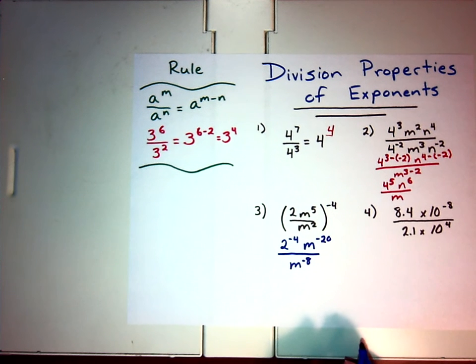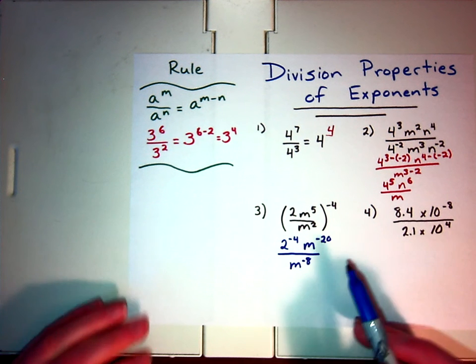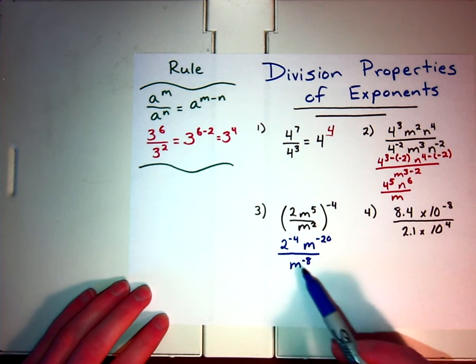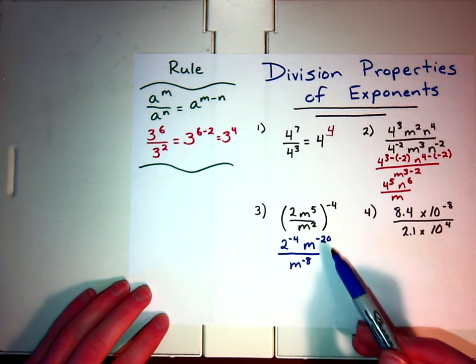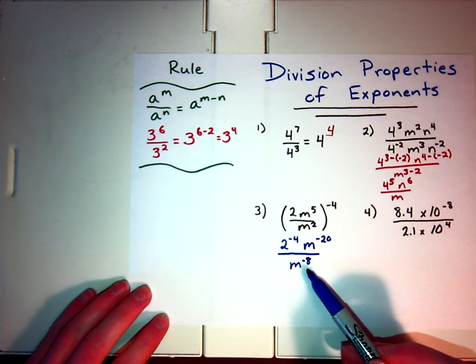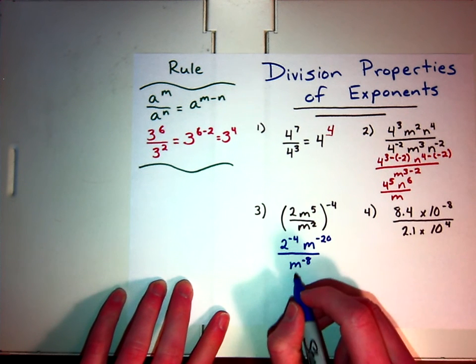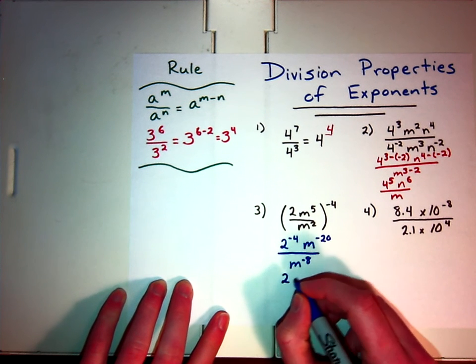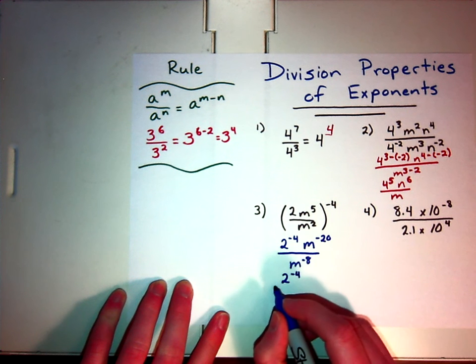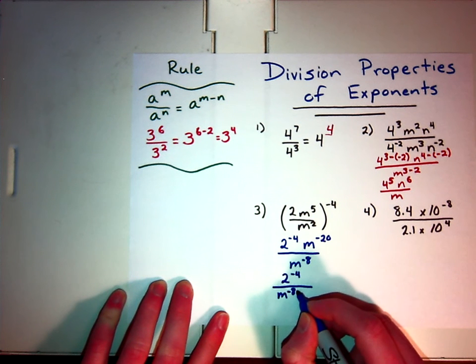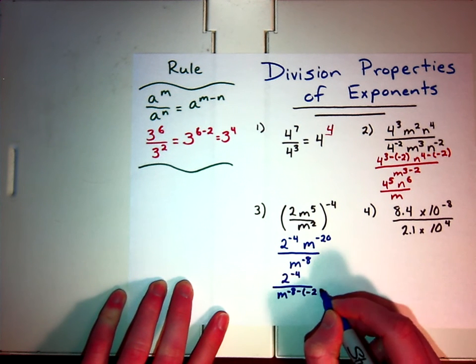So remember what I told you about you want to send the smaller value, in the smaller power, to the larger power. Guess what? M to the negative 20th is a smaller power than m to the negative 8th, right? So that's going to get us to, let's do 2 to the negative 4th. We won't simplify that yet, but we're going to move the m to the denominator. So I'm going to do negative 8 minus negative 20.